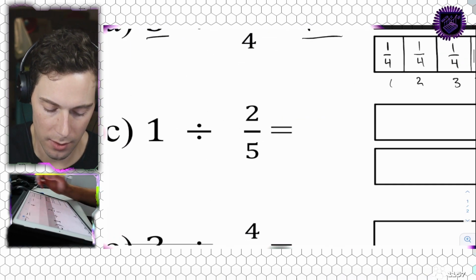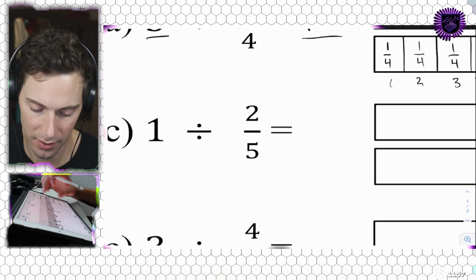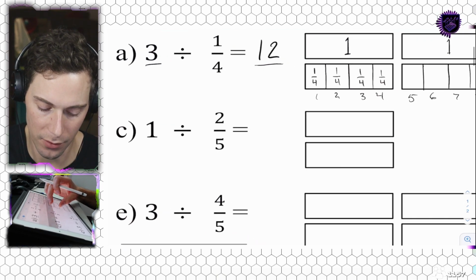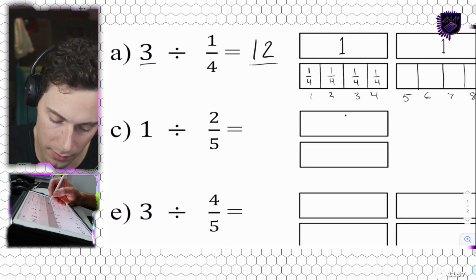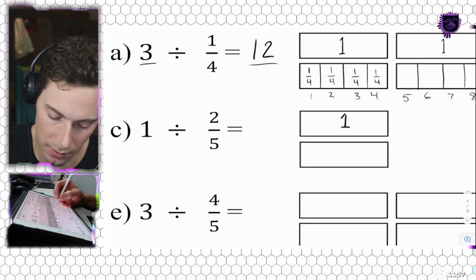If we have 1 and we want to make groups of 2/5, how many groups of 2/5 will we have? So here's our 1. Let's make groups of 5.